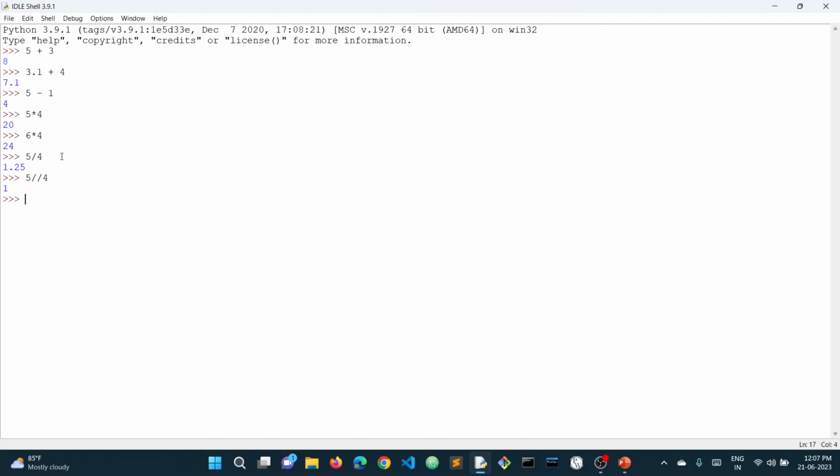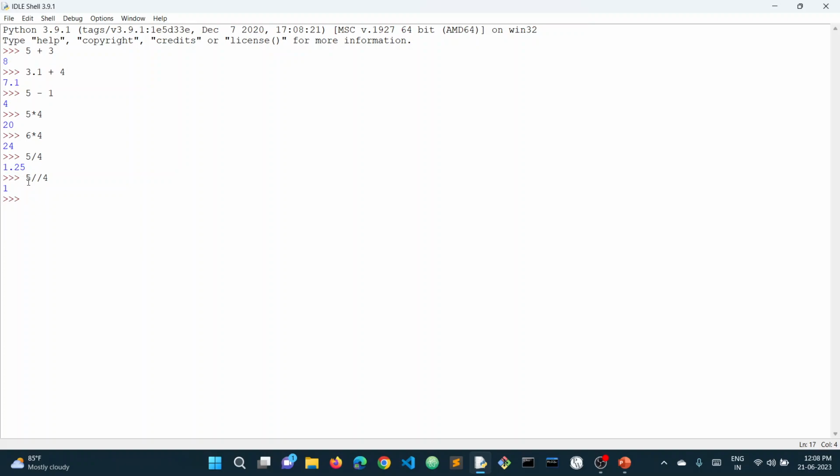Now let us focus on the internal working. Basically, the floor division or the double division gives us the integral part of the quotient that we get on dividing a number. For example, if we divide 5 by 4, we get 1.25 as the quotient.